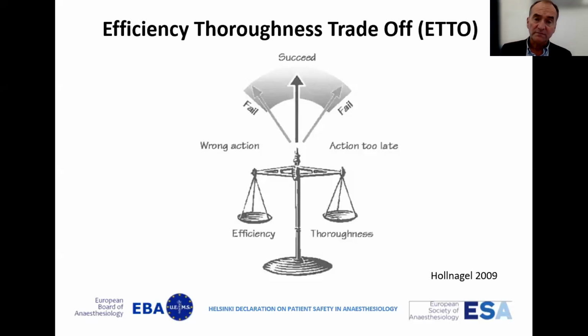And on the other hand, if we are too efficient, running too fast, making too many patients through the system, we will sooner or later do the wrong action and fail, because we are too efficient. So balancing efficiency and thoroughness is the key. And most of the time, we are pretty good at that in healthcare.